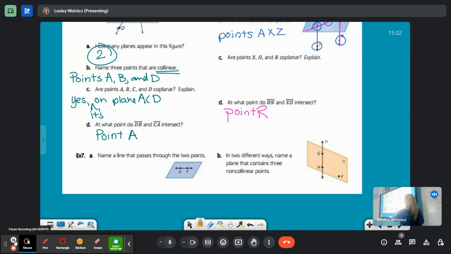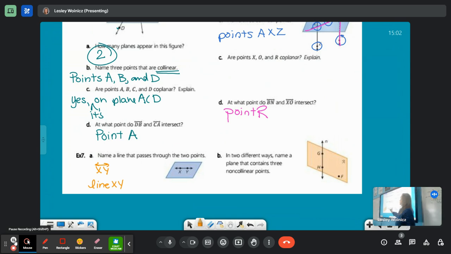For this one, it's 4. We don't have a little script letter, so we can either say XY with a line over it, or we can say line XY. And then we can also flip the order of the letters so that we'd have 2 more, right? So there'd be 4 ways to write that one.